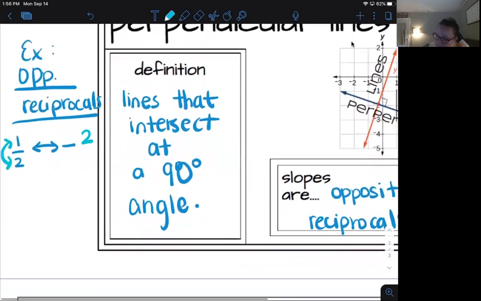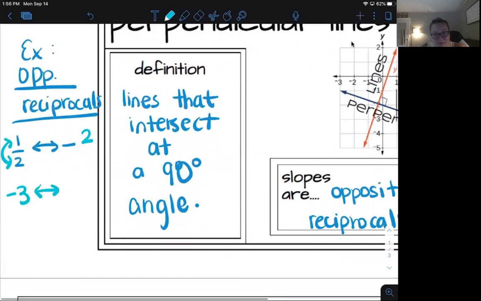So what about negative 3? The opposite of negative 3 would be positive. Then technically 3 is over 1, so if I flip that fraction, I would have 1 over 3. So the opposite reciprocal of negative 3 is positive 1/3. What about 1?